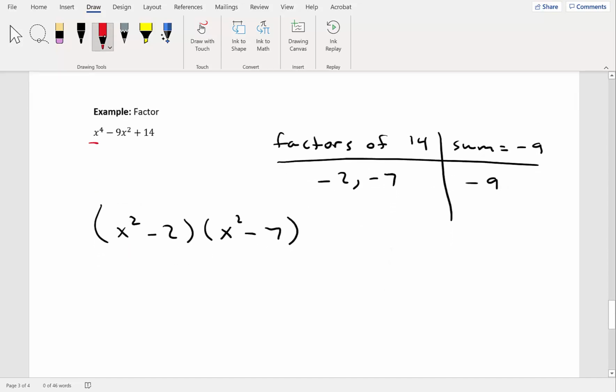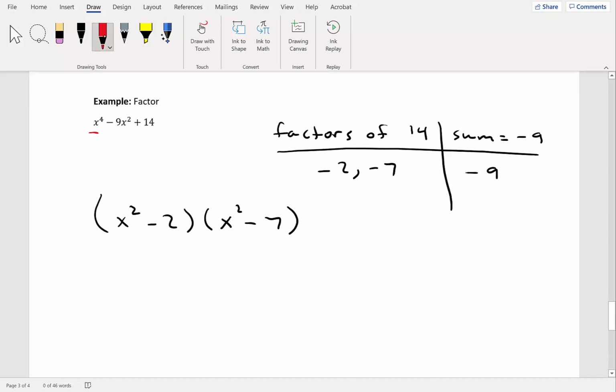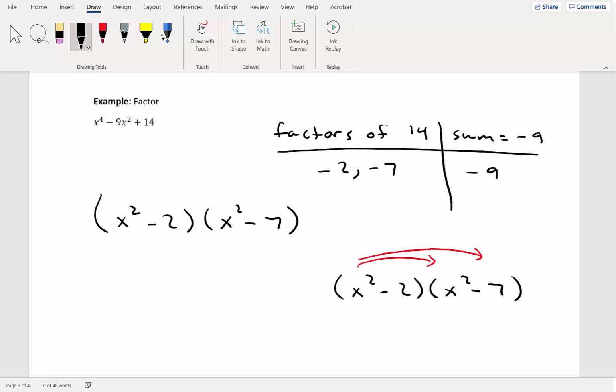And if you'd like to check your answer, remember, you could always multiply that back out and then make sure you end up with the same thing you started off with. So let's go ahead and do that. Take your x squared, distribute it out. So x squared times x squared gives me x to the 4th. X squared times negative 7 gives me negative 7x squared.